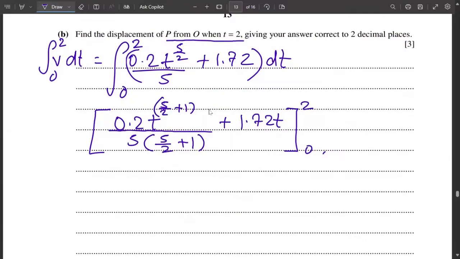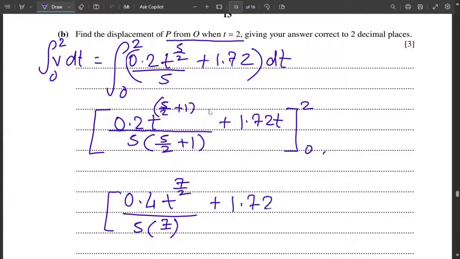Now, 5 upon 2 plus 1 will become 7 upon 2, and 5 upon 2 plus 1 is 7 upon 2. This 2 will go up, and 0.2 into 2 will become 0.4, plus 1.72 t, from 2 to 0.